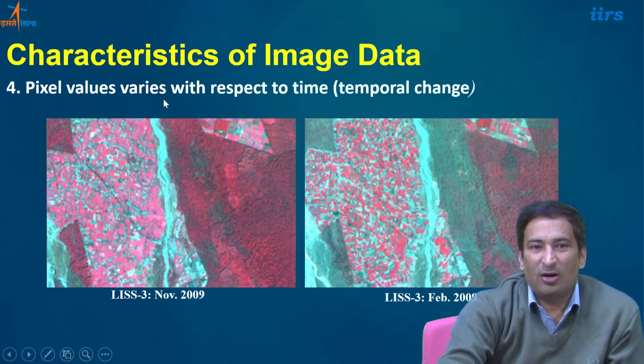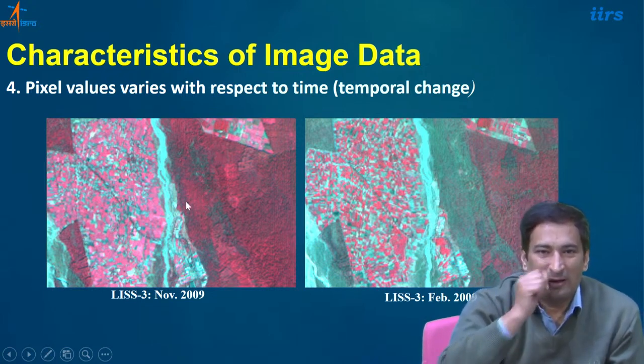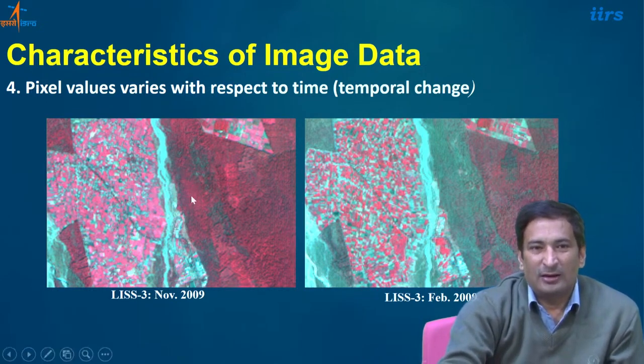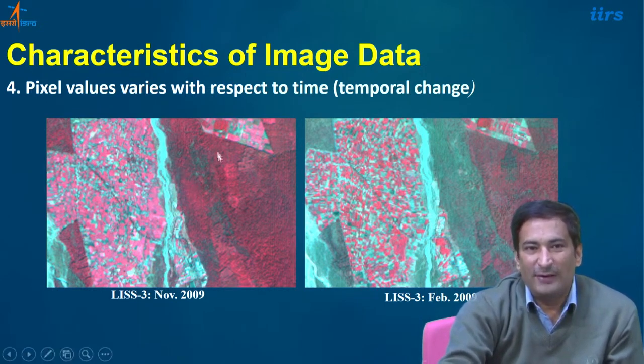You can see all the features here are red, whereas here they are displayed in some gray color, some green color. So where has that feature gone? Some natural phenomenon might have occurred here, like leaf fall. Some vegetation was there. It was full of leaves in the month of November, but in the month of February there are no leaves on those trees.